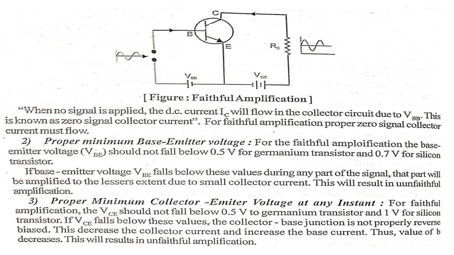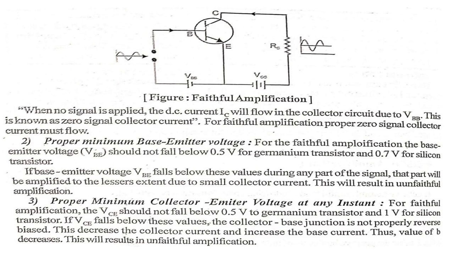When no signal is applied, the DC current IC will flow in the collector circuit due to VBB. This is known as zero signal collector current. For faithful amplification, proper zero signal collector current must flow.